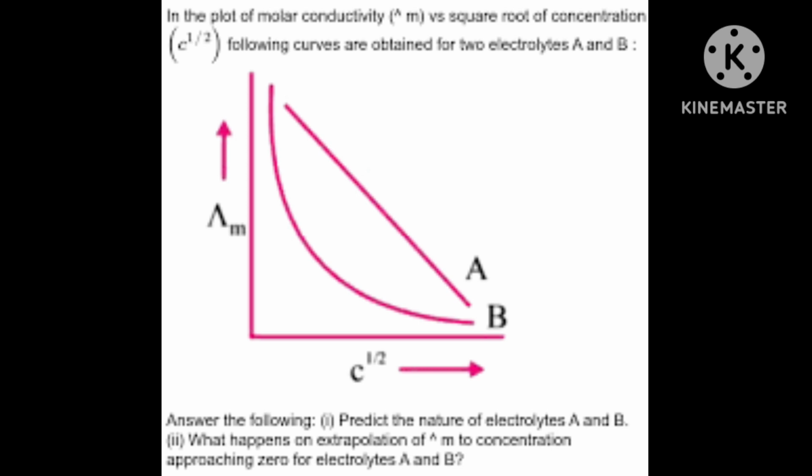Means rho you can calculate the same way, 5.5 into 10 to the power 3 ohm R value, and A already calculated in meter square, that is 0.785 into 10 to the power minus 4 meter square, divided by L. L value was 50 centimeter, that you converted into meter, 0.5 meter.